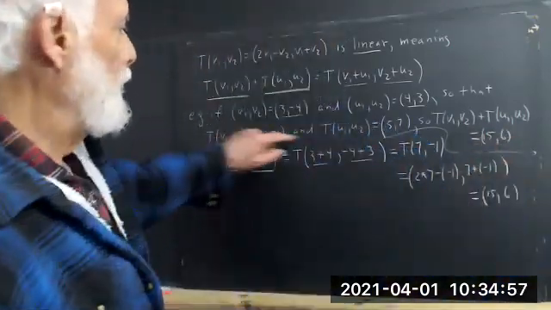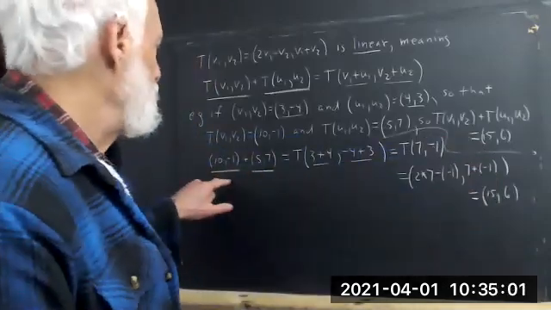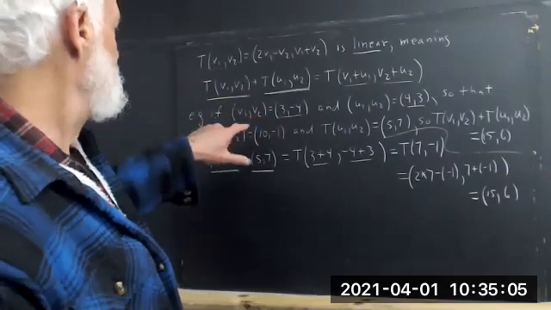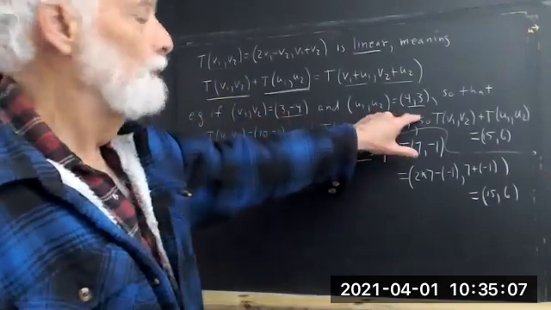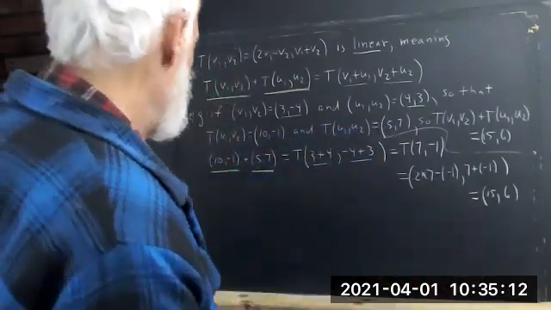Okay, if I add these two vectors, I get this. And now if I transform the sum of these two vectors, that's exactly what I get. Okay.